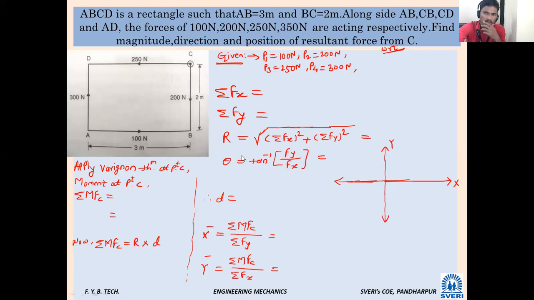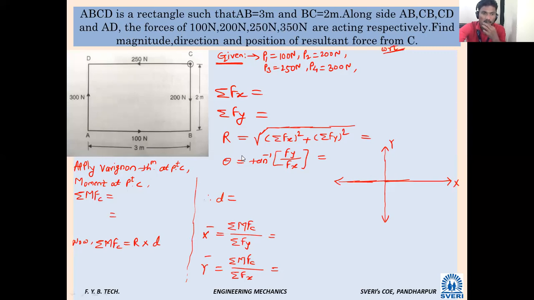Is it so difficult? Kisan Shirke, roll number 60. At what point you are? Solving means what?